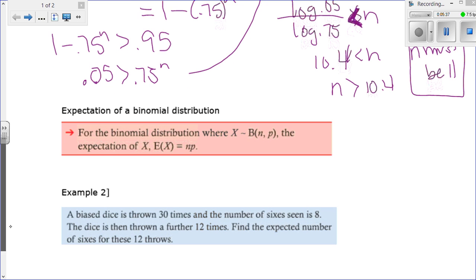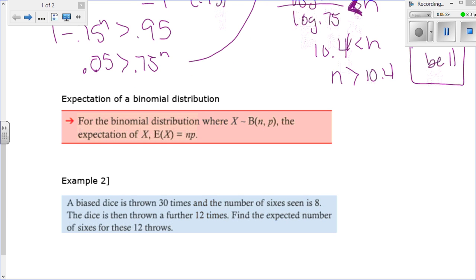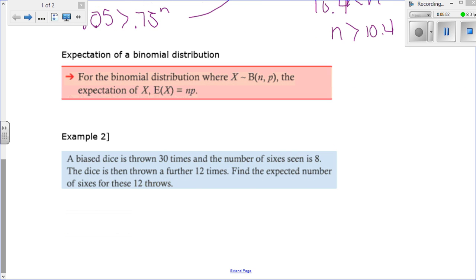Okay, then we have expectation of a binomial distribution. Really, it's just saying that we're going to take n times the probability to find out the expected value. So a biased dice is thrown 30 times and the number of sixes seen is 8. The dice is thrown a further 12 times.